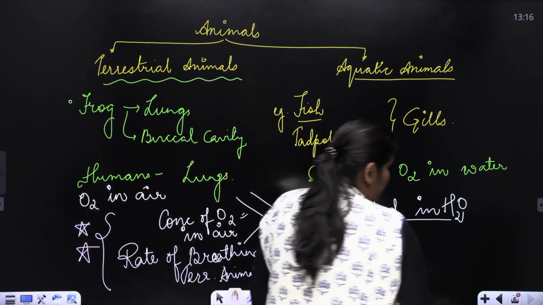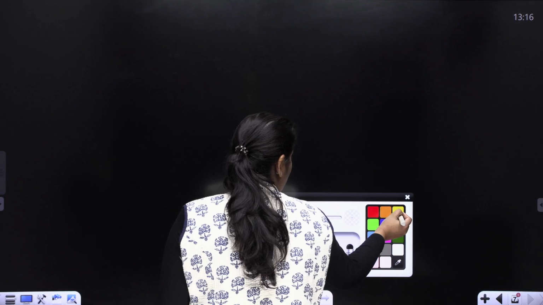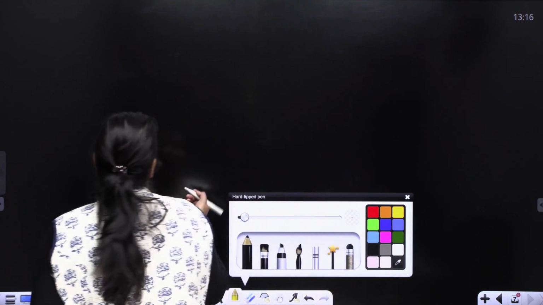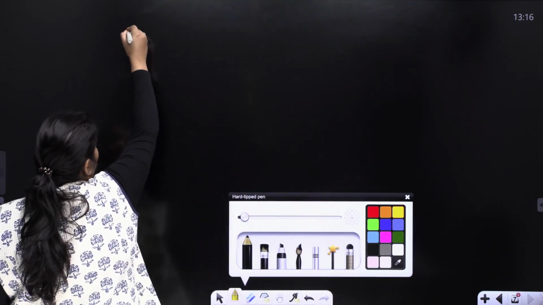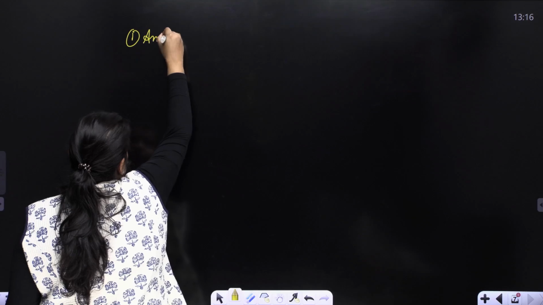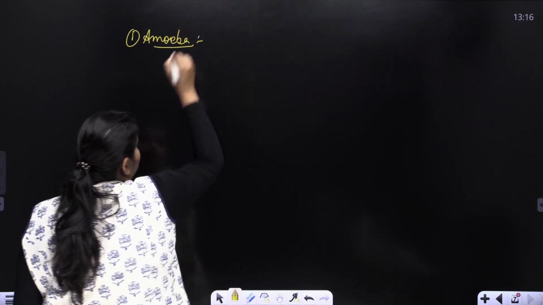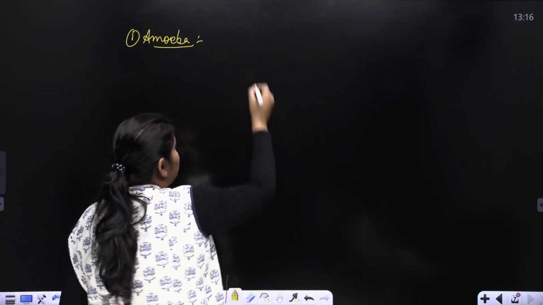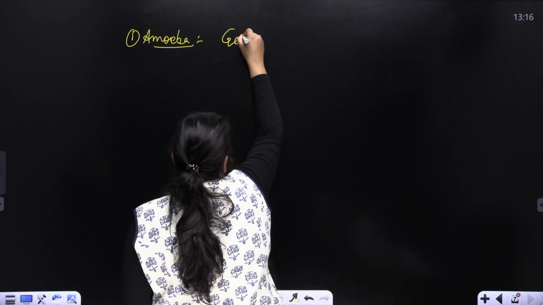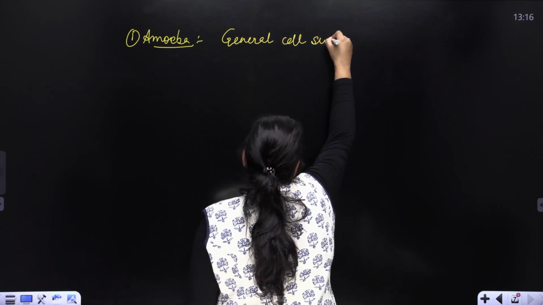All right. Now, the next small but an interesting topic, you'll have to memorize certain terms. In case of amoeba, it also has to respire. Yes, it is a unicellular organism. So it respires through general cell surface.